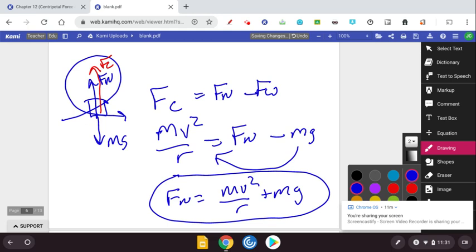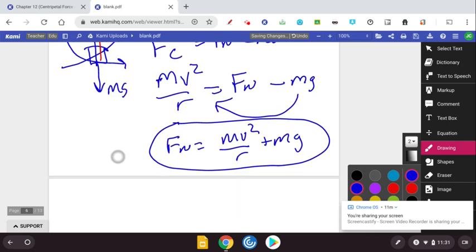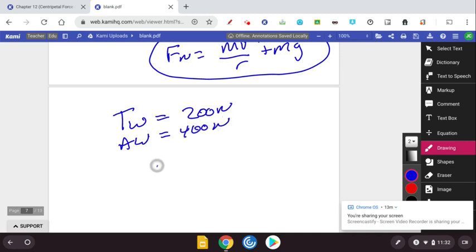This idea of increased weight is called G-force. And when we're talking about G-force, what we're talking about is the idea that there is some multiple of gravity. So if you say that your true weight is equal to 200 newtons and your apparent weight is equal to 400 newtons, what we would say is that this would be 400 divided by 200.